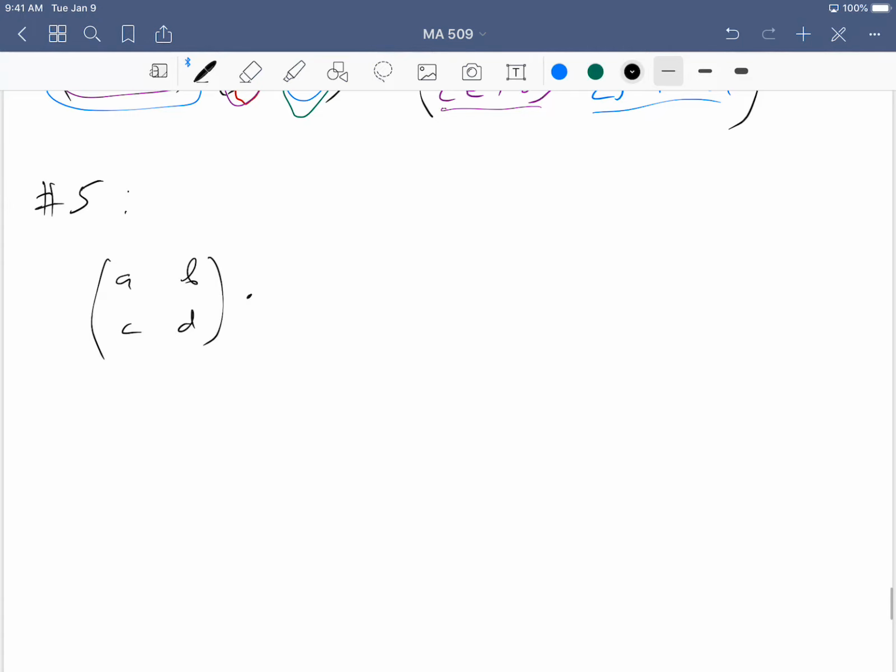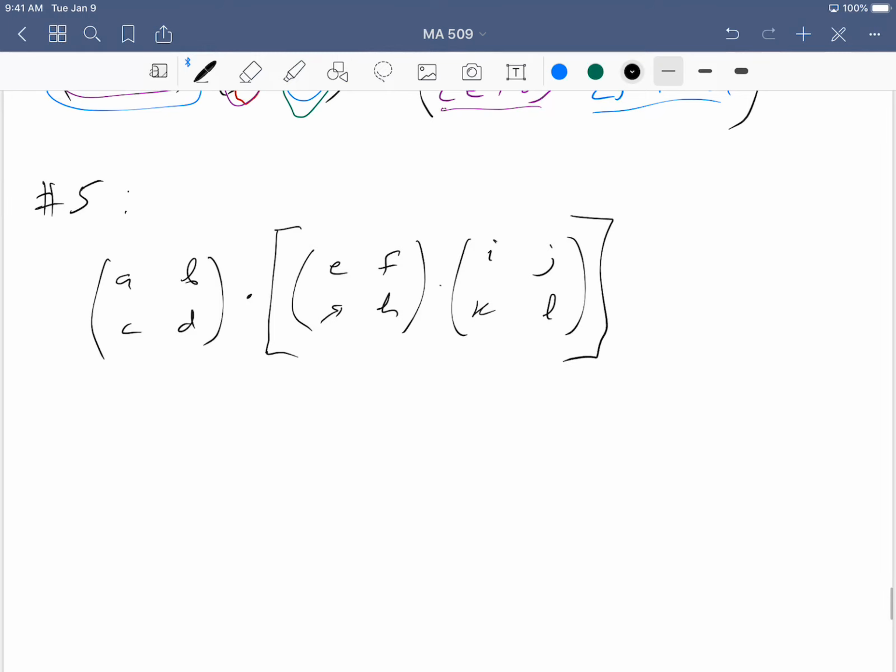So for the associative, I'm going to take my first matrix, [A, B; C, D], and I'm going to multiply it by a product of two matrices, [E, F; G, H] and [I, J; K, L]. Okay, and so all of those A through L's are just real numbers.